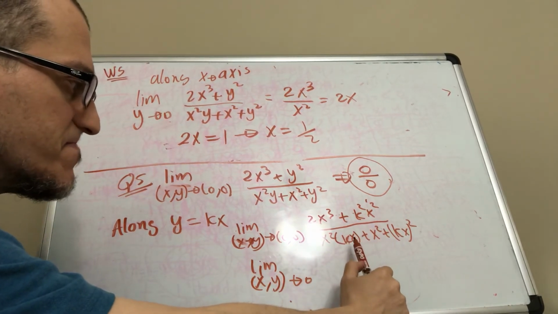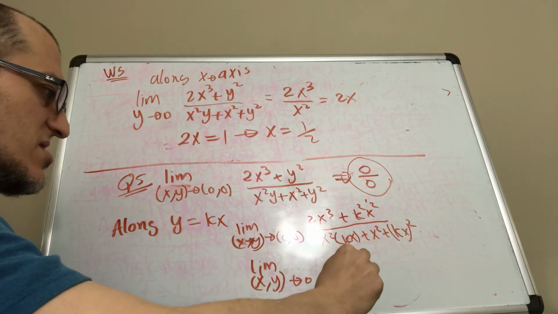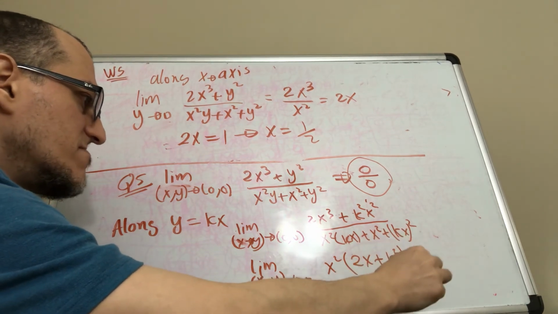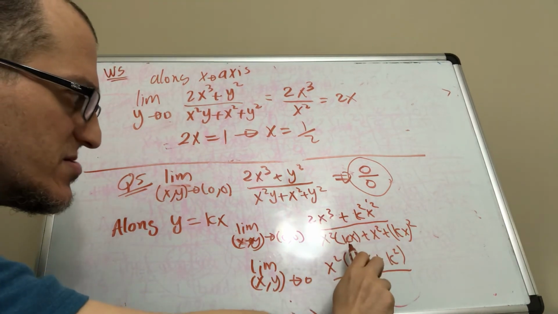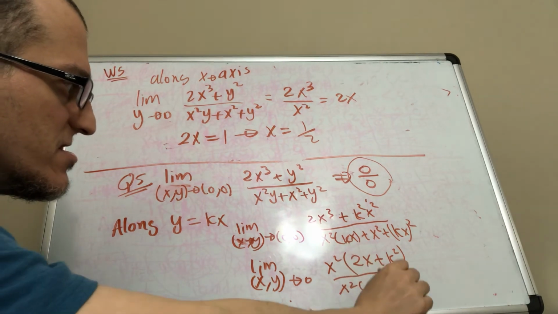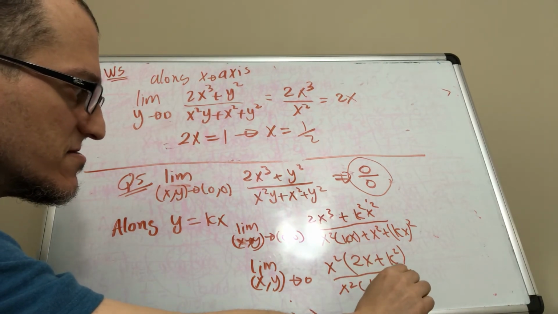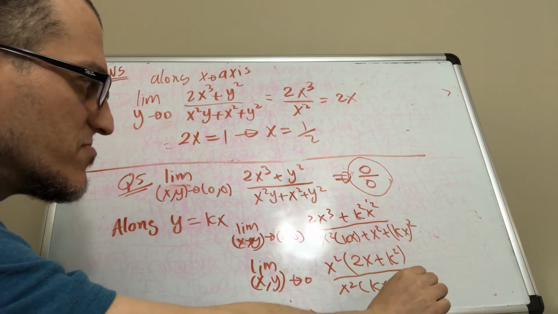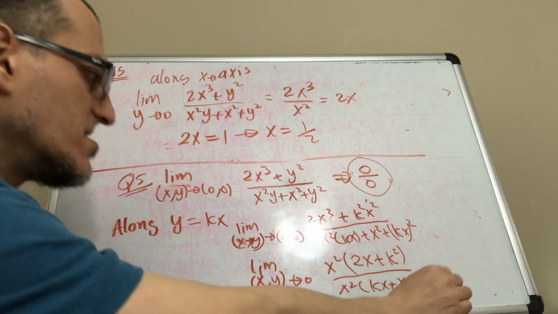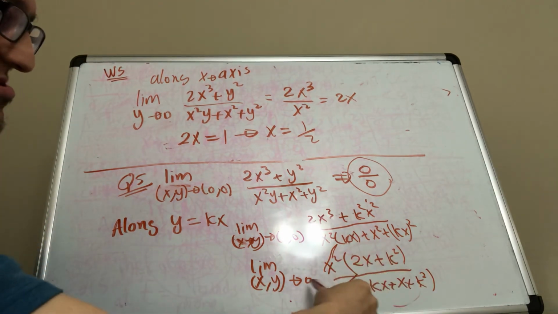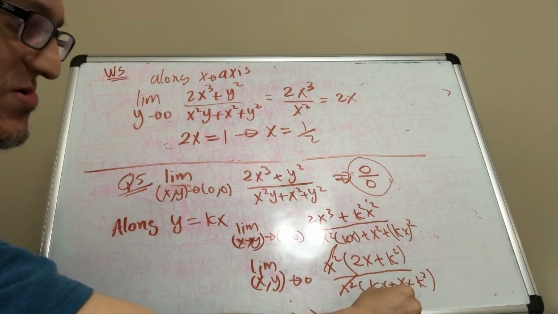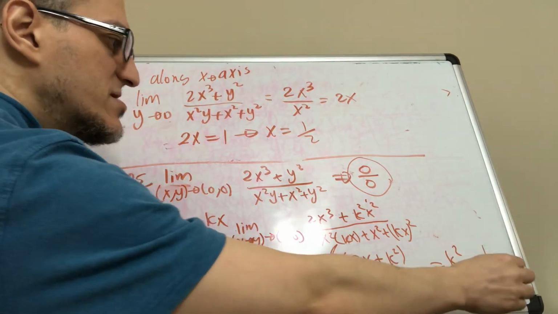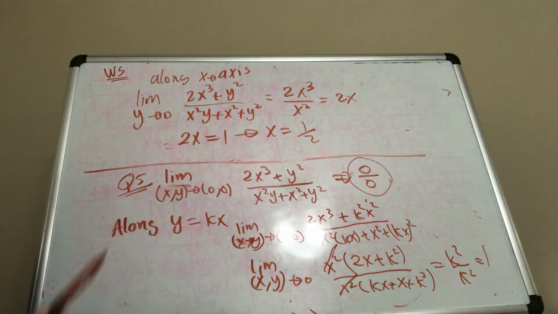I can take x squared as a common factor. That would leave me with 2x plus k squared on top, and on the bottom kx plus x plus k squared. Cancel, cancel. Now plug 0 for x, you get x squared over x squared, 1. So again, you set 1 equal to 2x, x will equal half.